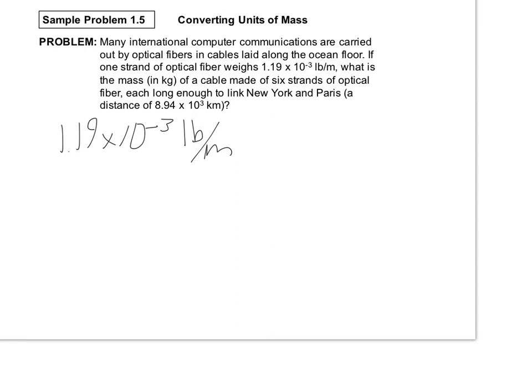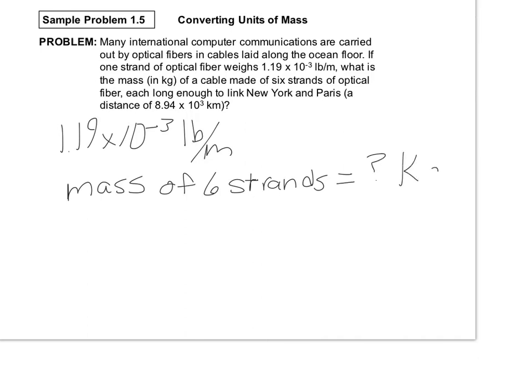What is the mass in kilograms? So I'm going to write this down, of 6 strands. So what is the mass of 6 strands in kilograms? Mass equals what in kilograms?